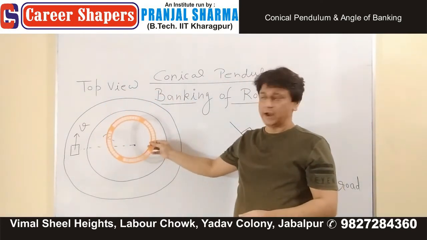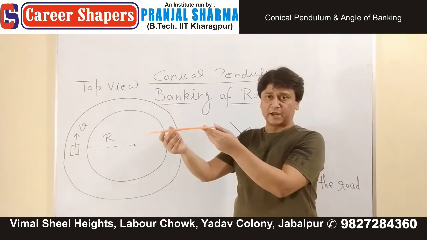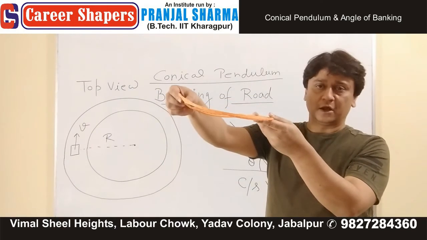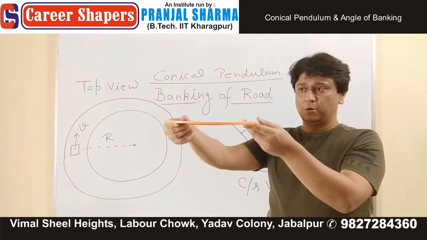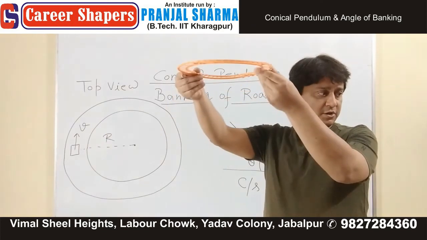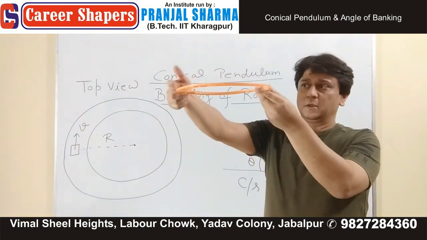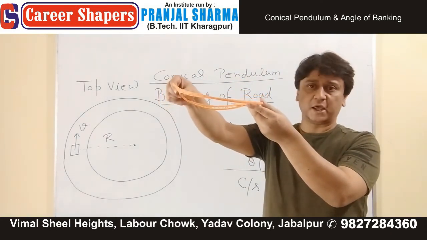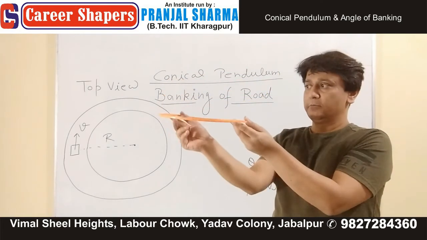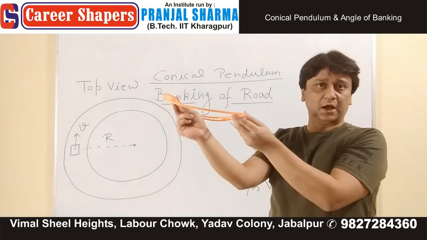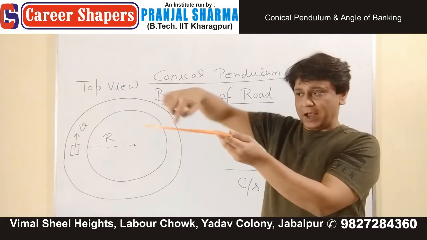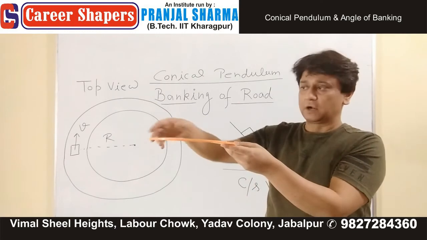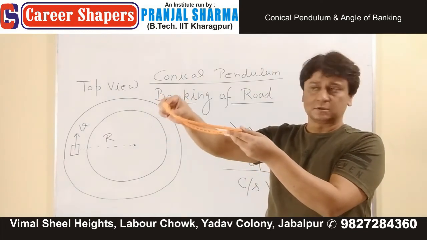But this circular track is not like this. I hope you can see. We have lifted its outer edge. Let me hold it perfectly. Maybe it's visible. Instead of keeping it horizontal like this, the outer edge is lifted like this. Maybe you can feel it. Not this. Everywhere the outer edge is lifted up. It's not a horizontal track. It's a track like this.